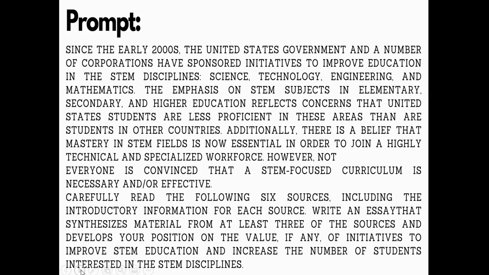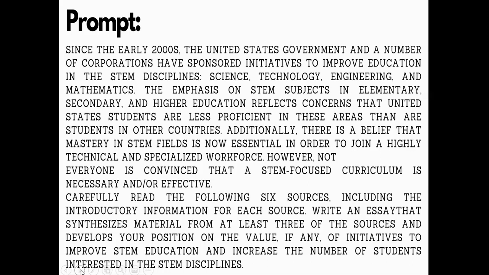So with all prompts, we're basically going to have to get our heads to a yes, a no, or a maybe, it depends. That's the rhetorical stance we're going to have to take on this. So here's the ultimate essential question. Carefully read the following 6 sources, including the introductory information for each source.